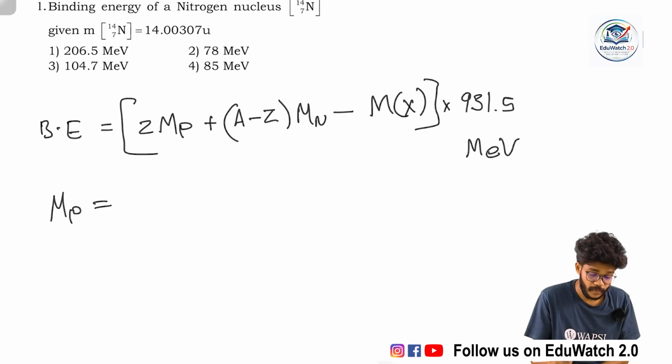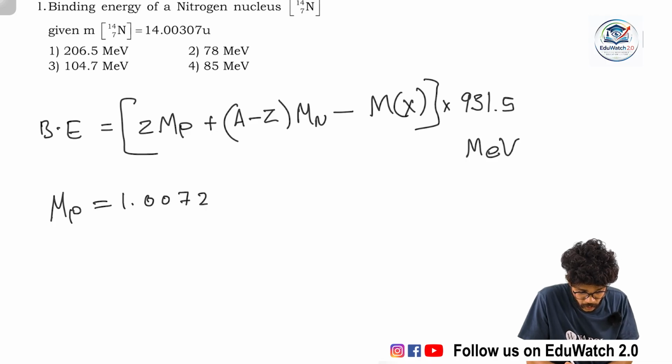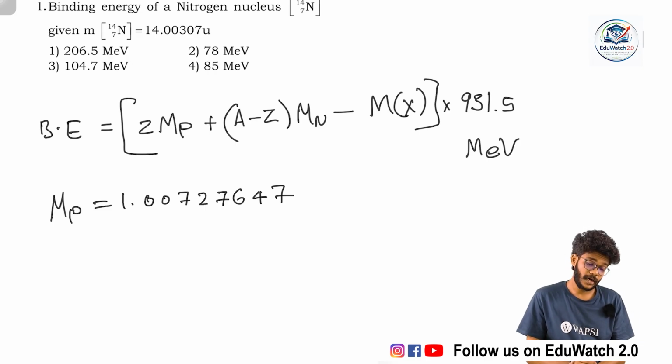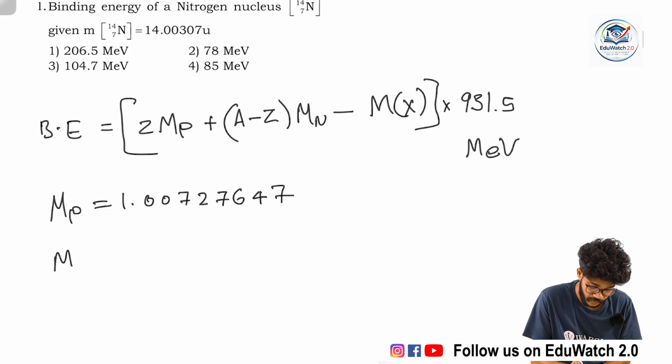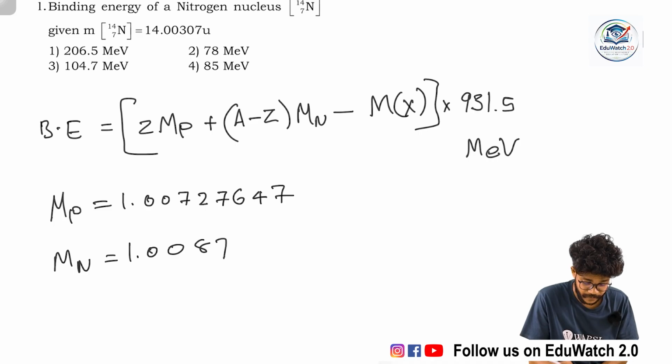Okay, so we can substitute. Mp is the mass of proton, which is equal to 1.007276 47, which is the atomic mass unit of proton. And the mass of neutron is 1.0087.